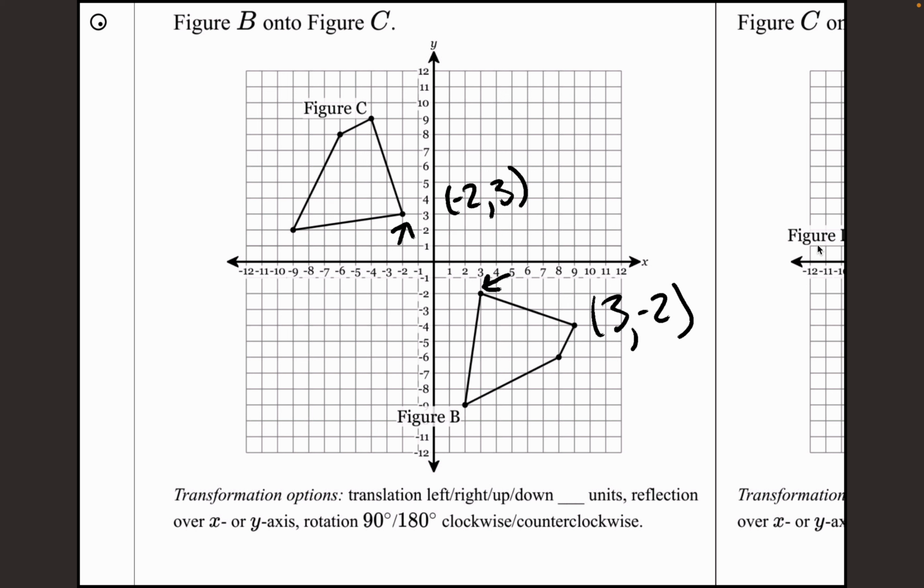Those coordinates would not be the same. So do some trial and error, but see if you can figure out. We have to go from 3, -2 to -2, 3.